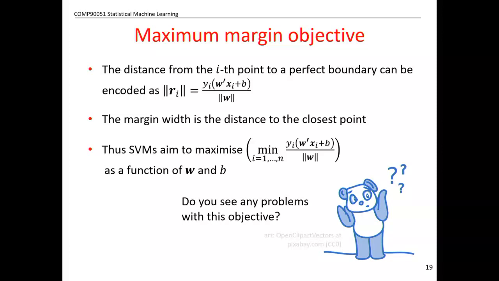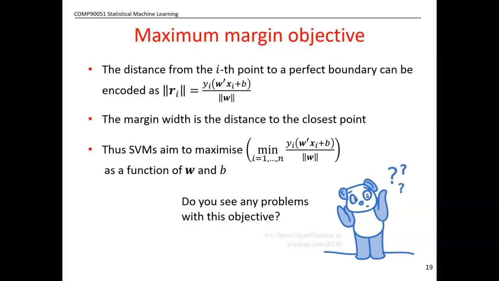Now, before we get there, another way of motivating this constraint is to look at this objective function and ask what happens if we scale W up without changing its direction. The problem with this objective is that if, say, B was 0, to keep things simple, and I doubled the length of W without changing its direction, then it wouldn't change the classifications at all.